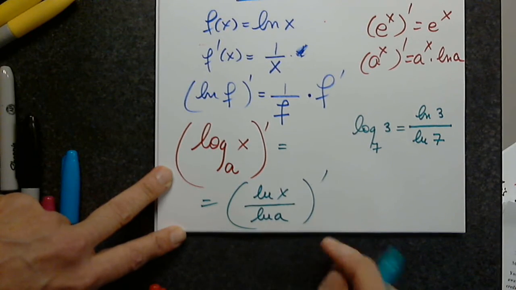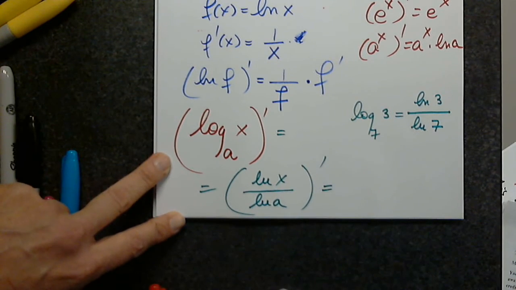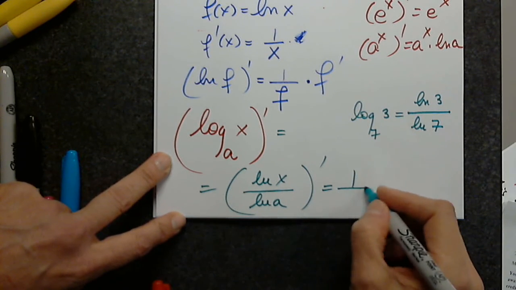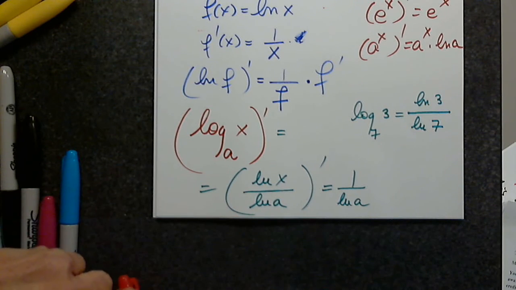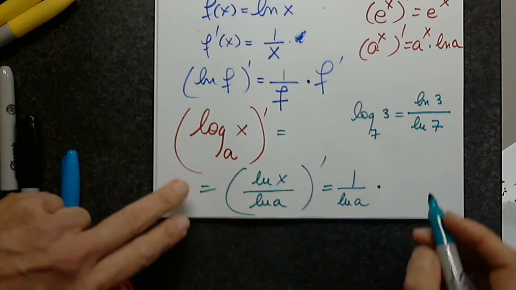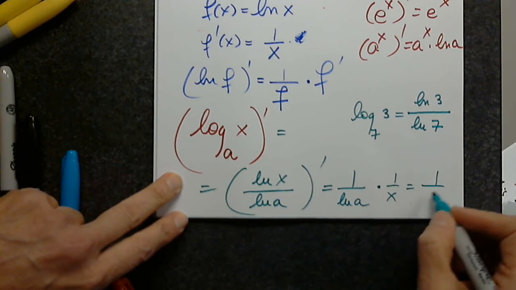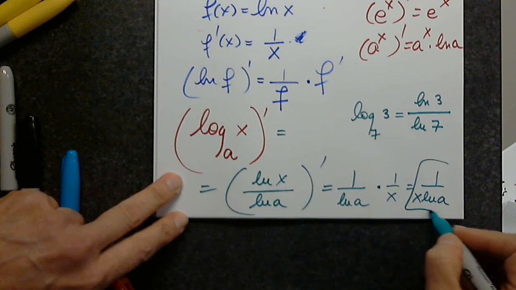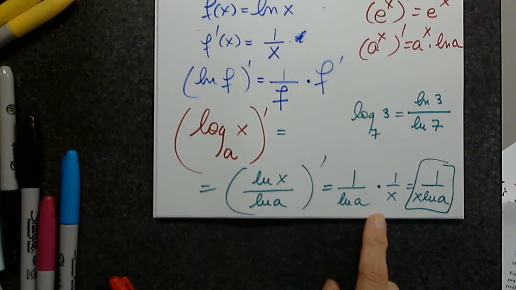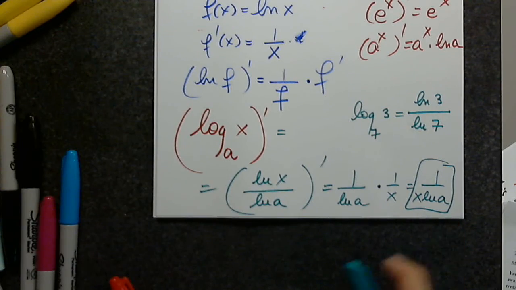Very good. So now let's differentiate. Exactly. Now let's differentiate. Remember, natural log a is a constant. It goes outside. 1 over natural log a, and times natural log x prime, which is? So the answer is this. So when we differentiate log in any base, it's not just 1 over x, but it's 1 over x times natural log a.